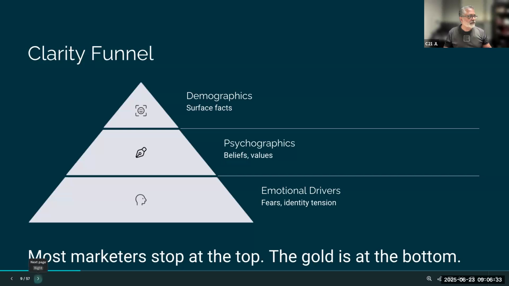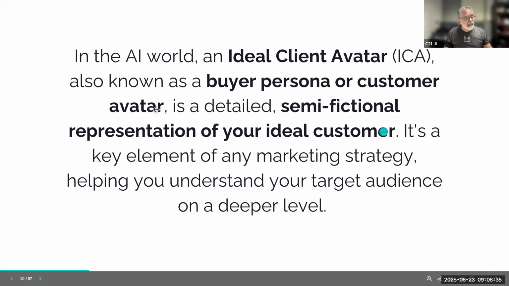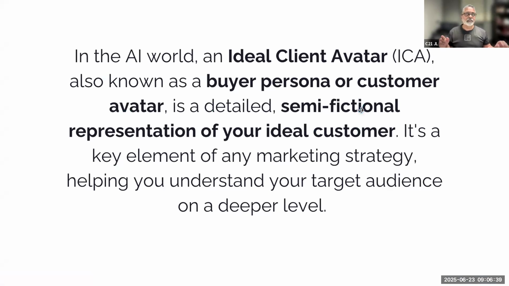So if we go forward in an ideal world, your ideal client avatar, which is also known as a buyer persona or a customer avatar, is basically a fictitious person that plays the role of your ideal customer. That's what you do in AI. It says, hey, this is my ICA.